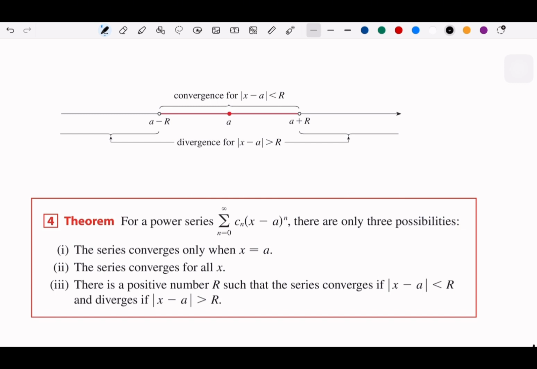The whole thing here is the interval. So this is the interval of convergence, and the distance between a and each endpoint is r. We call r the radius of convergence.